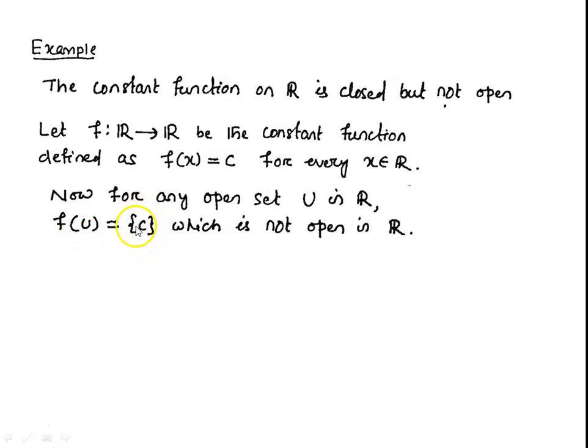But the singleton set {c} is not open in R, because R is having usual topology or standard topology. So image of an open set is not open under this continuous function. So it is not an open map.